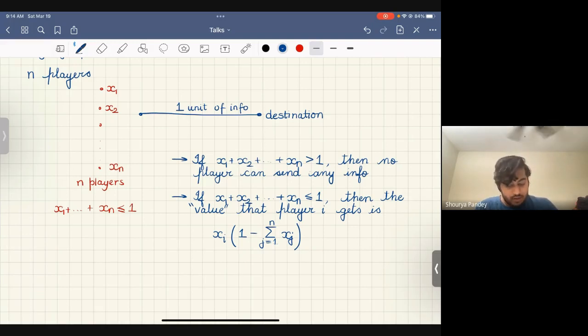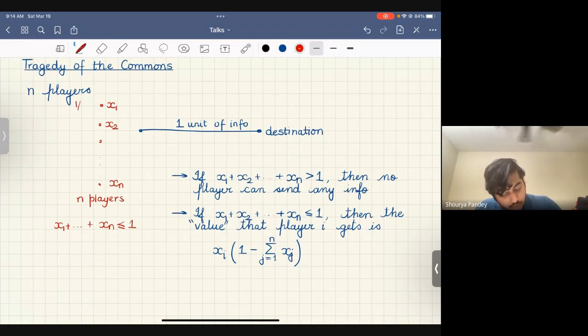So let's say x1 is 1/3 and x2 is 1/3, and all other xi's are 0. Then the value attained by player 1 is 1/3 times 1/3, and by player 2 is 1/3 times 1/3.